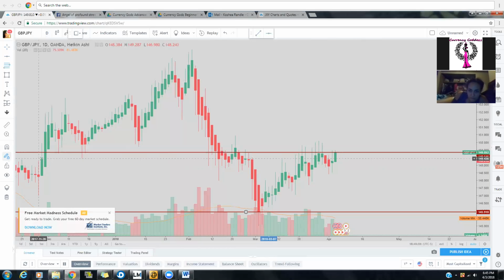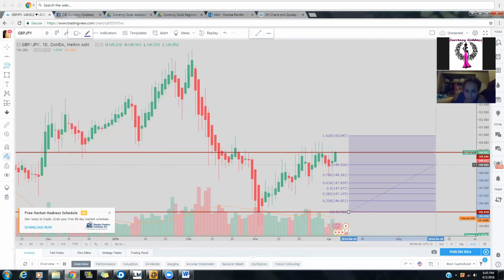And when you drop your fibs, you want to drop your fibs from low to high when you're on a buy. So you want to go from your lowest point, your support, it's called support normally, to your highest, which is your resistance.